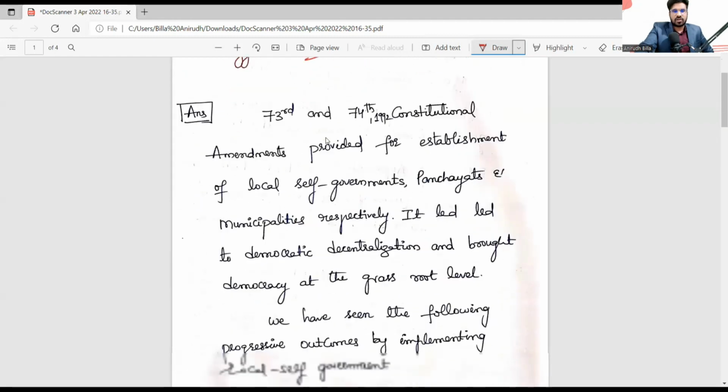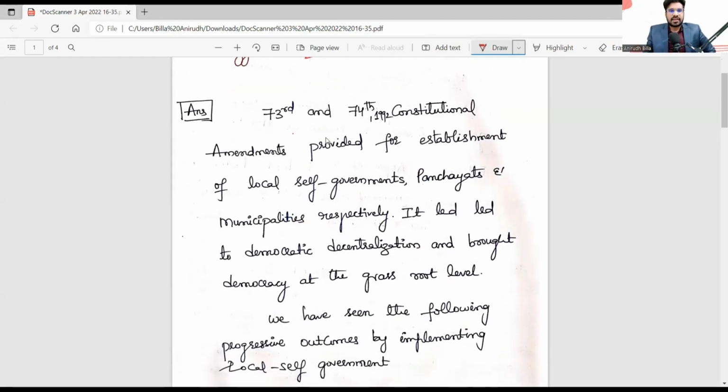The same intro I have told you, right? The 73rd and 74th, 1992 Constitutional Amendments provided for the establishment of local self-governments, that is panchayats and municipalities respectively. So 73rd is panchayat, 74th is municipalities. It led to democratic decentralization and brought democracy at the grassroots level.